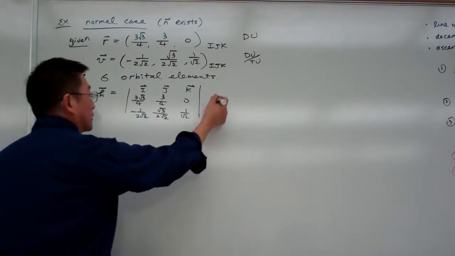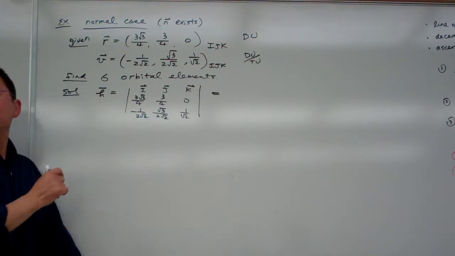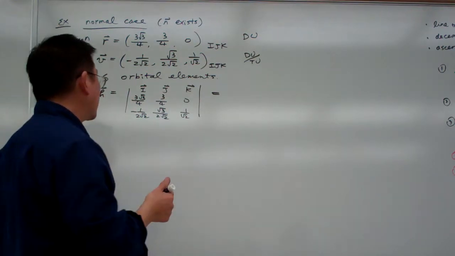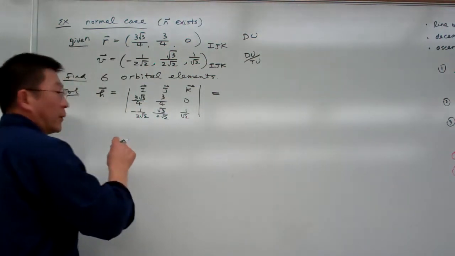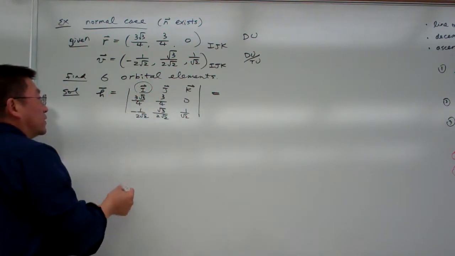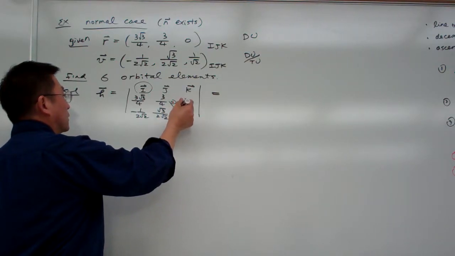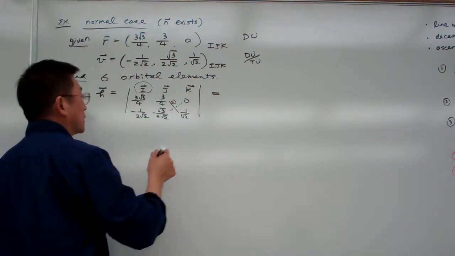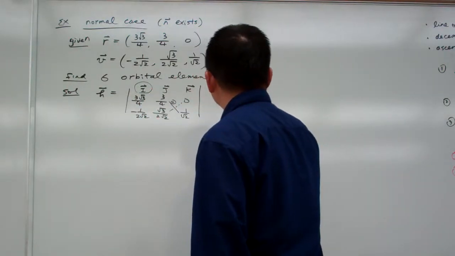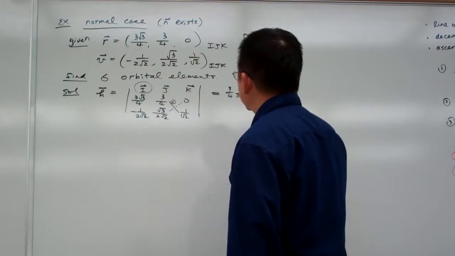Do you know how to implement this? Probably you can try this. Look at this carefully. Take this as a pivot, and you do this calculation, plus and minus. So that will be 3 over 4 times square root, minus 0.